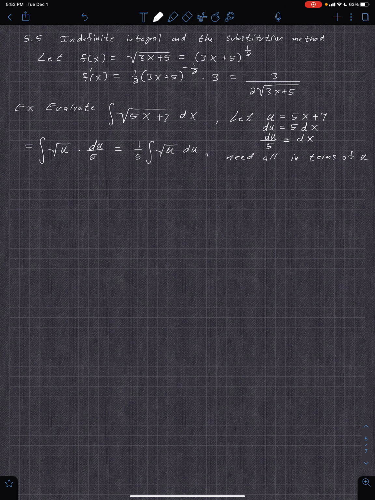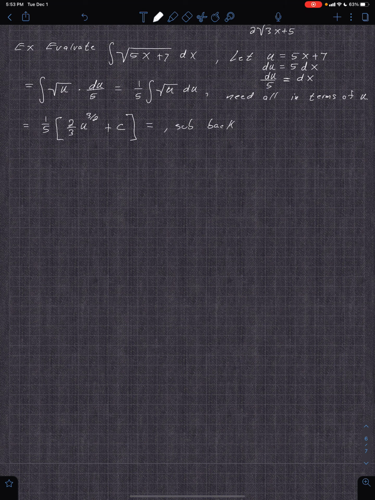All right, so you do the integration, and you get that's equal to the 1/5, and then you get 2/3 u to the 3/2 plus c. And then you substitute back. The 1/5 c is just going to disappear. You don't need that, because it's just a constant, so an arbitrary constant is an arbitrary constant times 1/5.